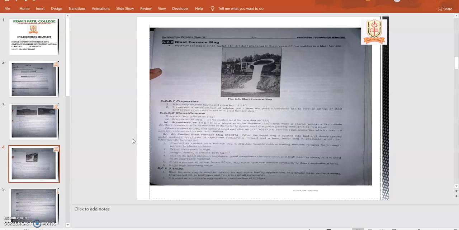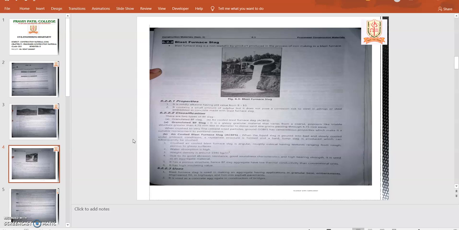Then air cooled blast furnace slag: when the liquid slag is poured into a bed and slowly cooled under ambient conditions, a crystalline structure is formed and hard lump slag is produced, which can be subsequently crushed. The crushed air cooled blast furnace slag is angular, roughly cubical, having a texture ranging from rough porous to glassy surfaces.